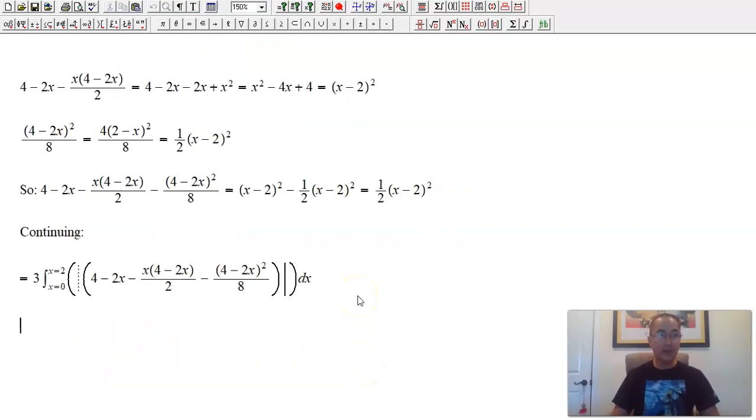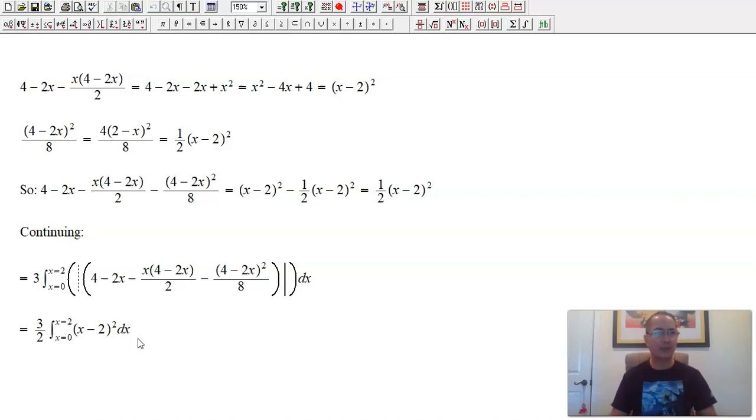This becomes, we got a 3 over 2. Let's take that out. 3 over 2 integral from 0 to 2 of x minus 2 squared dx. Aha! Again, you can expand that out and then integrate term by term, or use a u substitution.